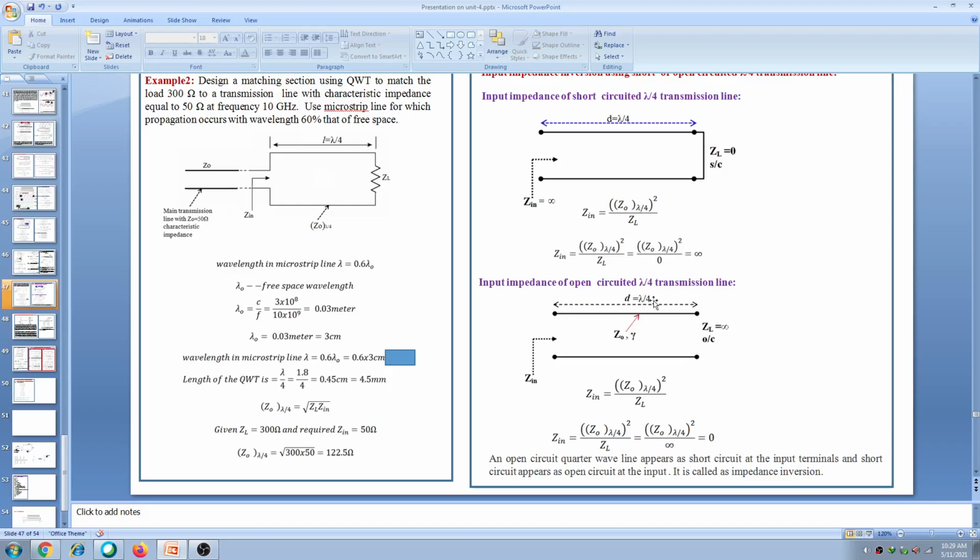So this can be used for impedance inversion purposes. Impedance inversion means if you want a 0 impedance, even when an open is there, then you take a quarter wave open line, and at the quarter wave length the input impedance looks like a short.